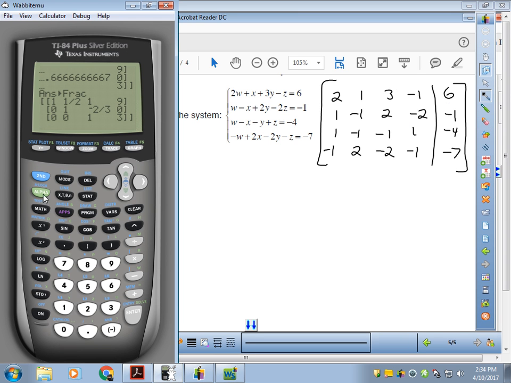Now, this is a bigger matrix, so when we go into our matrix menu, we're going to have to edit, and we're going to have to change the size. This now has 4 rows and 5 columns, so it is a 4 by 5 matrix.